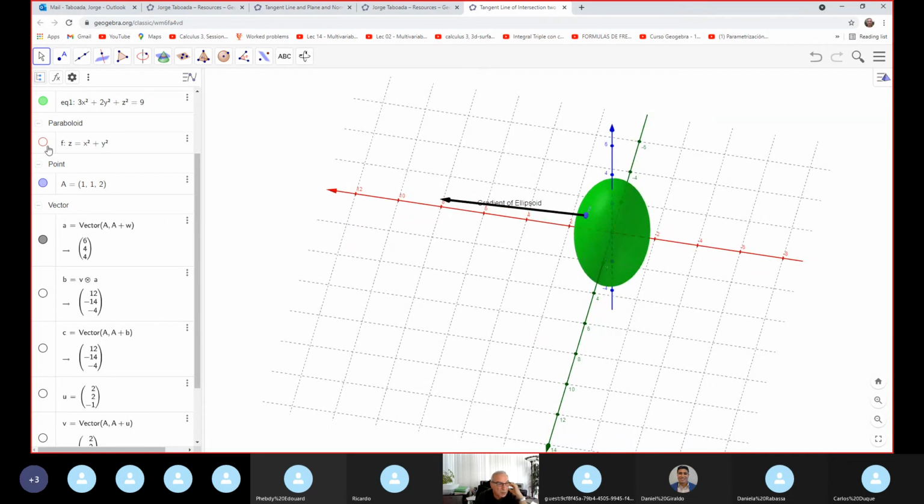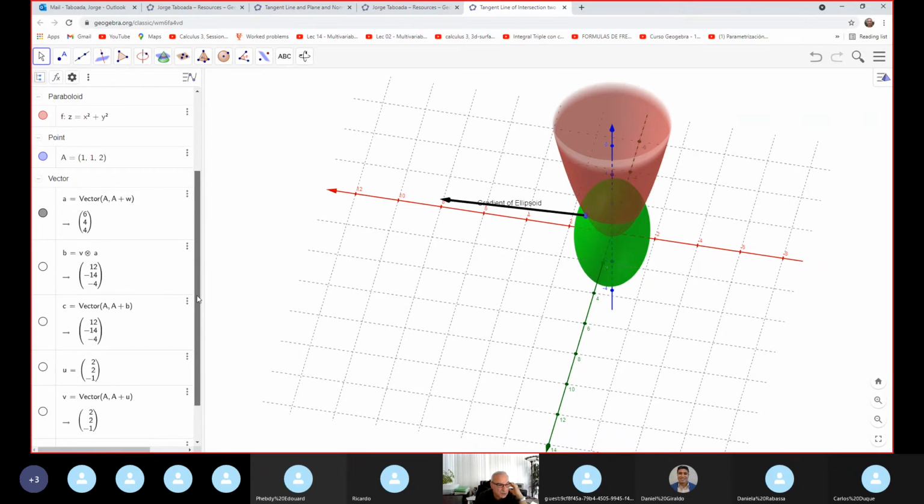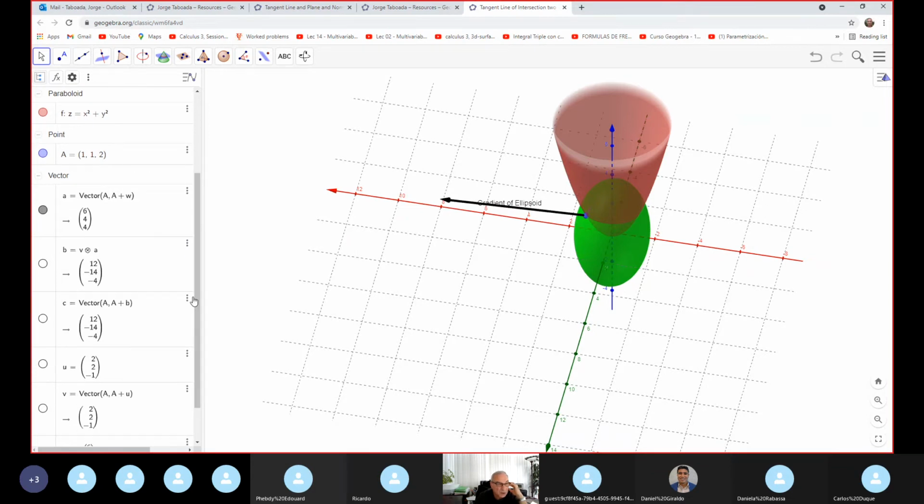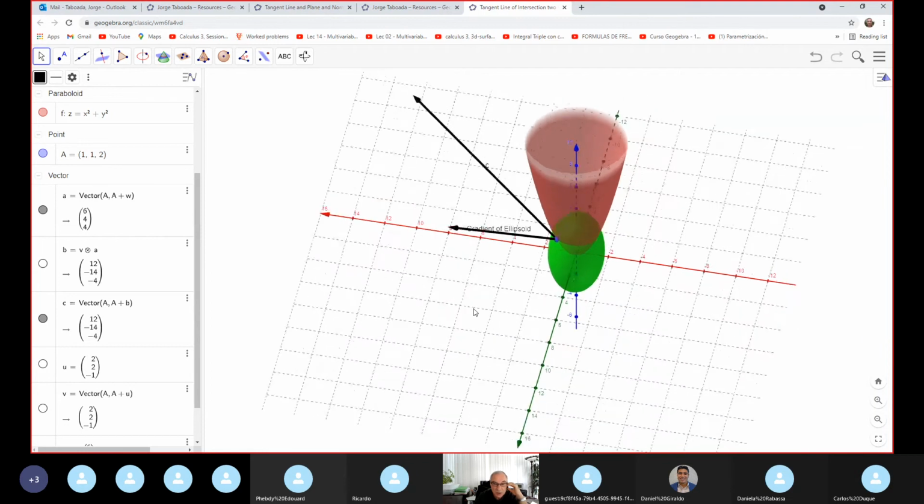Okay, so now the paraboloid. And this is the gradient of the paraboloid, I suppose. Wow, it's too large. No. Okay, this one is the gradient of the paraboloid. Let me see if it's true or not.